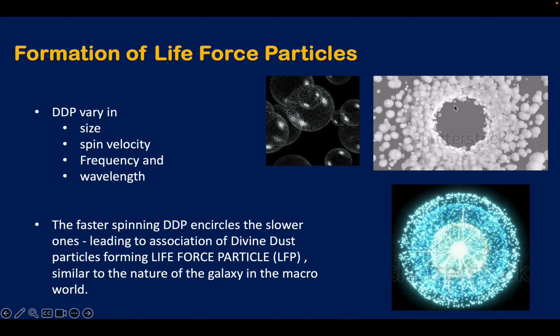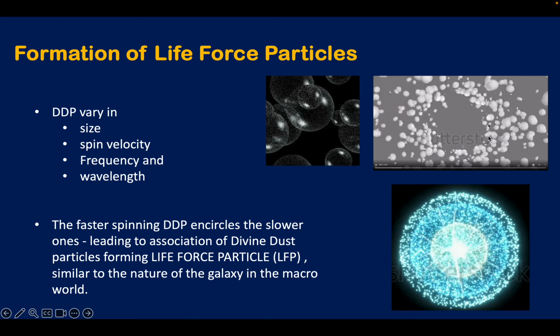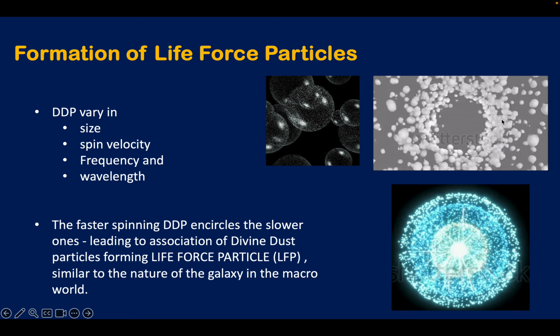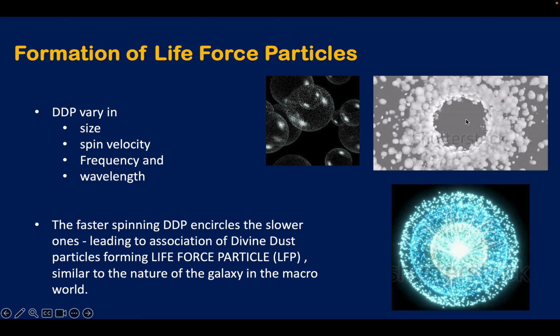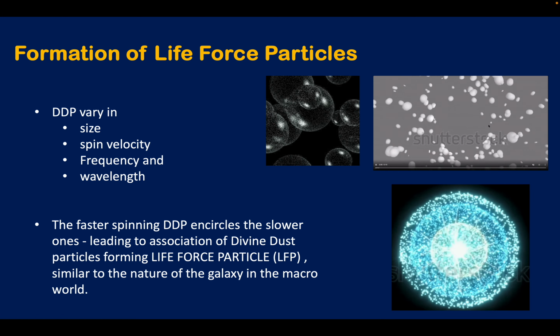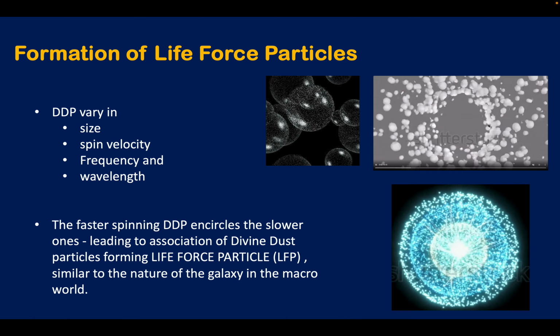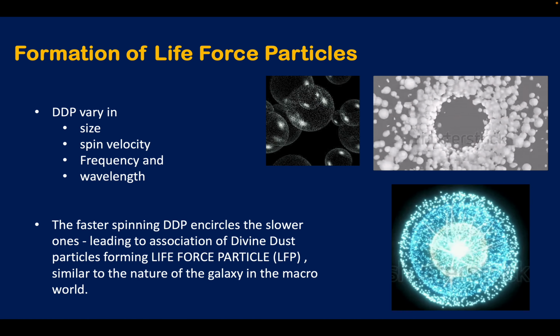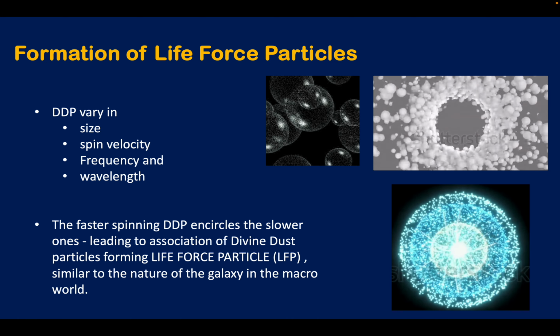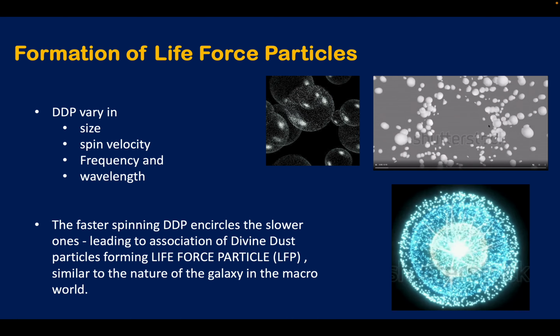The slower one will be in the center, while the fast spinning will be surrounding that. When this spinning happens, the association of the divine dust particles forms life force particle. So life force forms when there are slow circulating particles in the center and fast particles in the periphery.